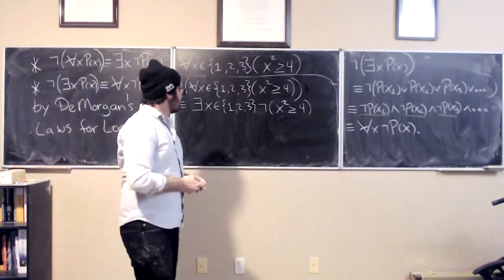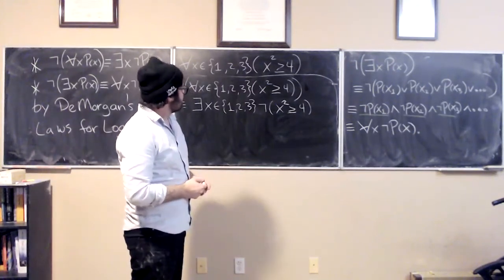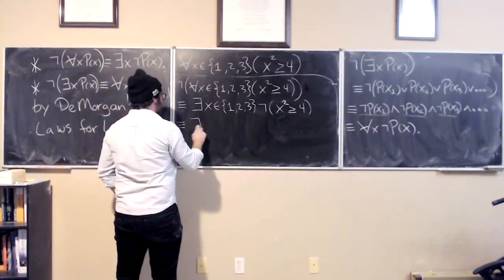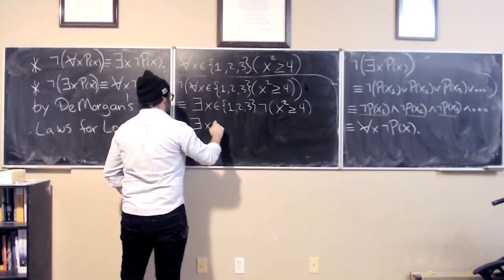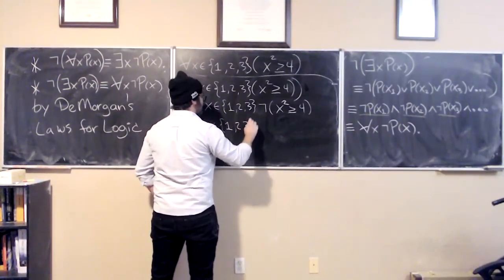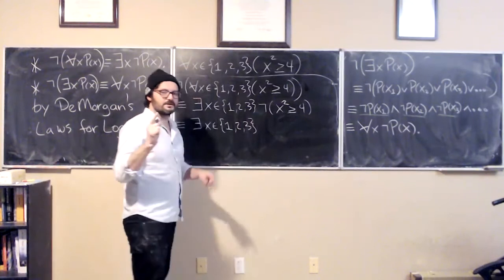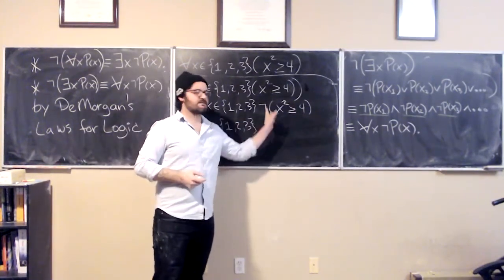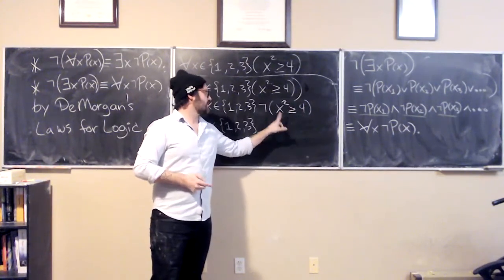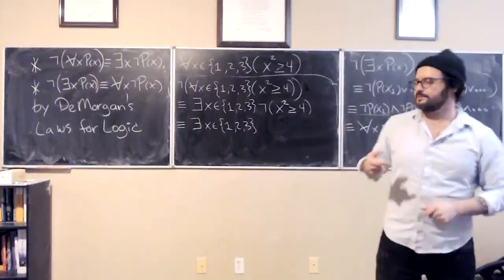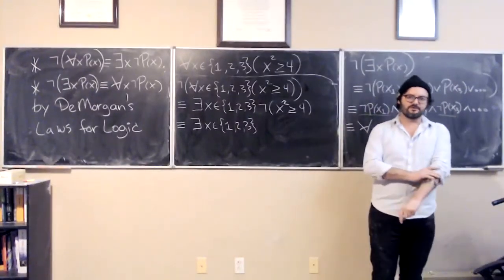Now we can further simplify. There exists x in here, that's just the domain of interest. Here's something that might throw you off. We're negating this statement right here. The negation of x squared greater than or equal to 4 should have the complete opposite truth value with no overlap.